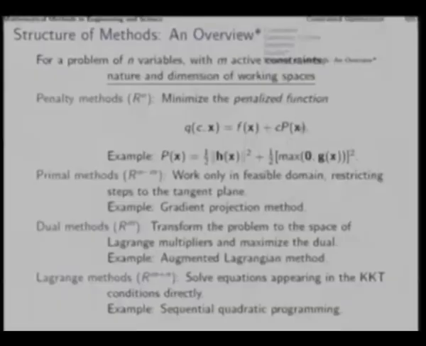The more the constraint violation, the higher is the value of p(x), with a large number c sitting as the penalty parameter.